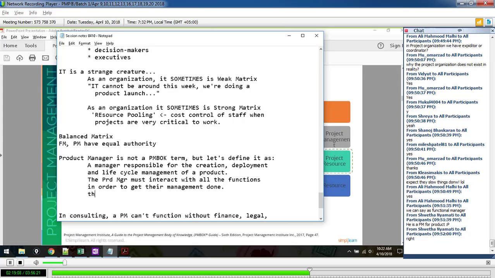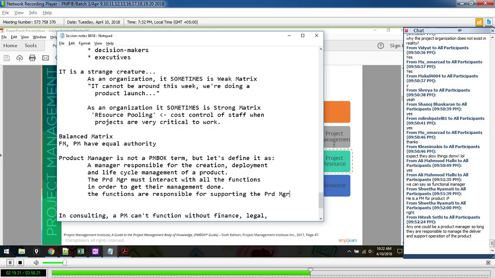And the functions are responsible for supporting the product manager, okay? So it's an equal relationship. If you have a product manager like this in manufacturing, that's very indicative of balanced matrix.